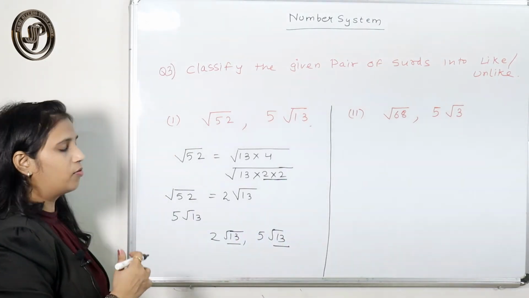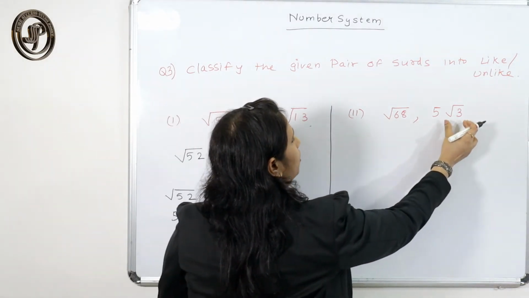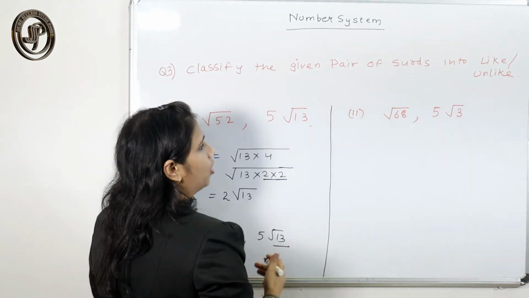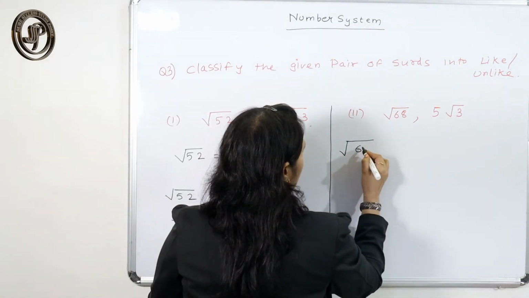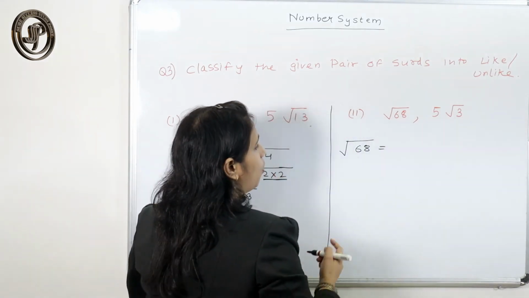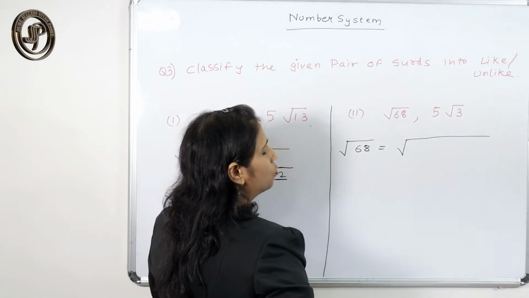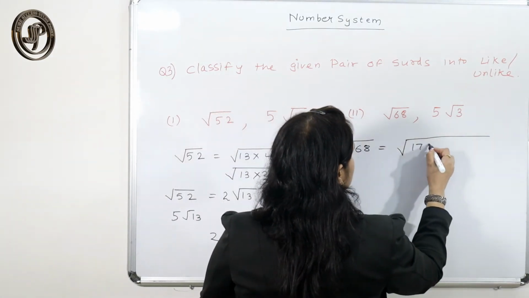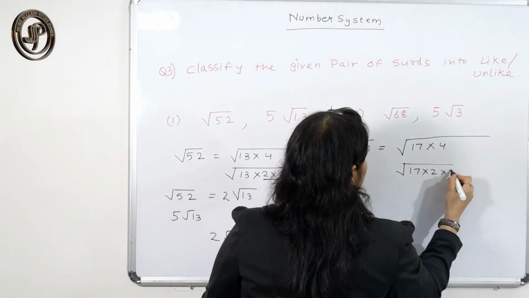So first you have to simplify. Similarly, you have to check whether these are like or unlike surds. So first simplify this. What are the prime factors of root 68? Root 68 you can write as 17 into 4, or 17 into 2 into 2.